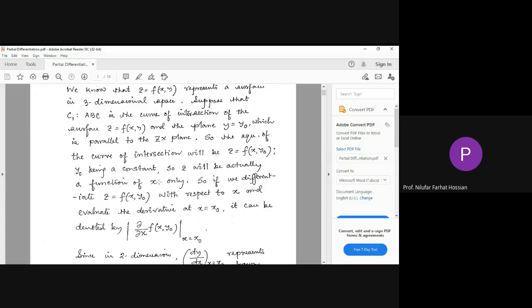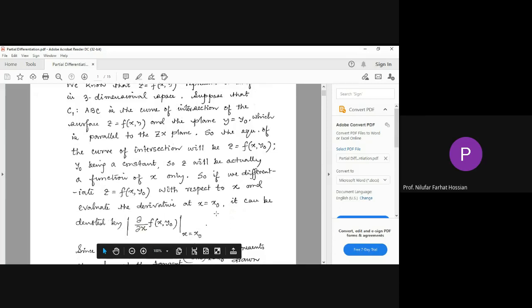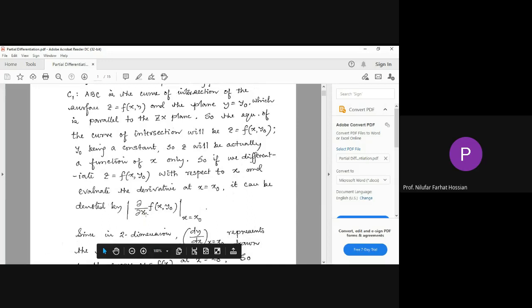So z will be a function of x only. If you differentiate this function, where y equal to y naught is a constant, with respect to x and evaluate the derivative at the point x equal to x naught, it is denoted by del f by del x of f of x, y naught evaluated at the point x equal to x naught.